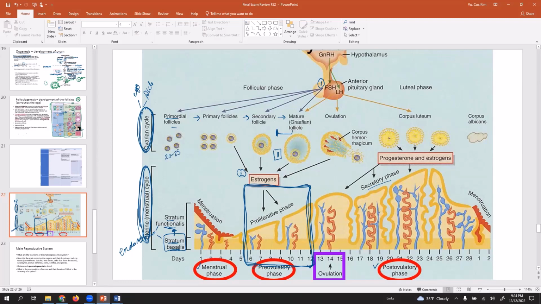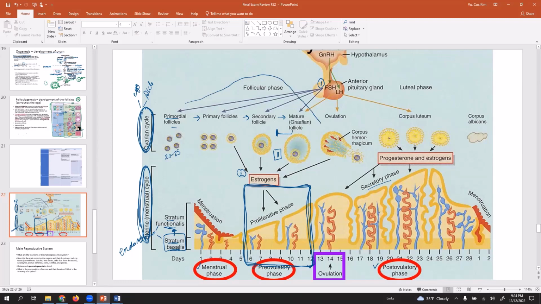Okay. So estrogen is prepping the uterine lining. The FSH was really high at first. So FSH was really high up here, but FSH is going to start to go down right about here.